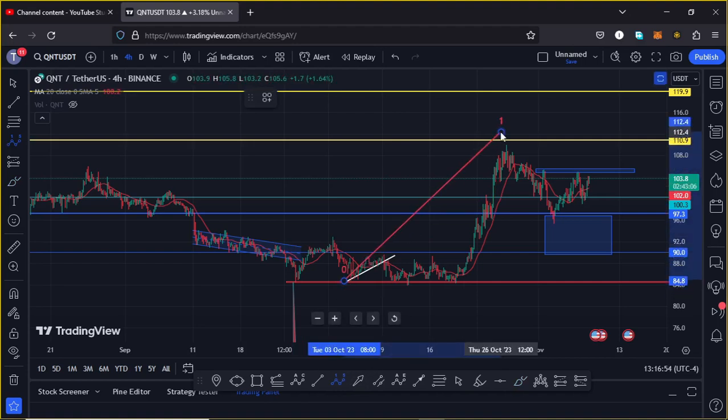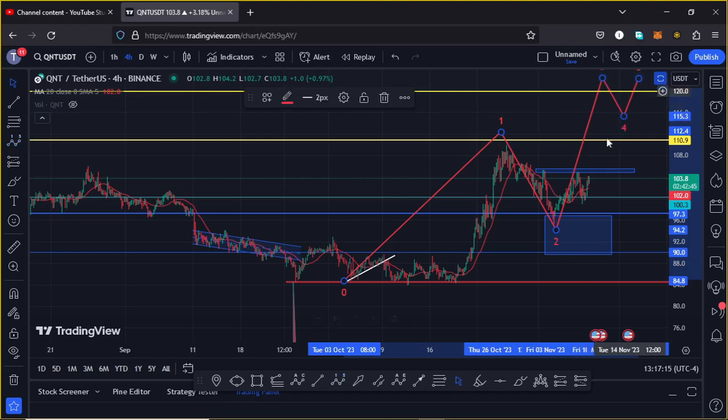And after seeing the formation of that first wave, whatever we expected next was a corrective structure in the formation of this wave 2. And once we have a low in place for the second wave, whatever we expect next is the start of an impulsive move in the formation of that wave 3 before we can expect a wave 4 and then a wave 5 to the upper side.